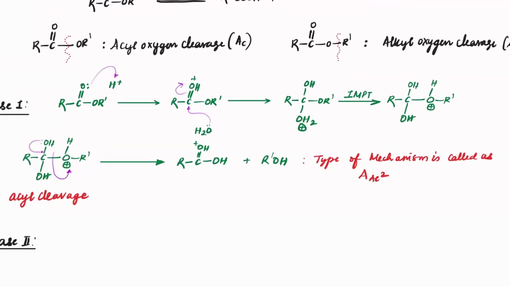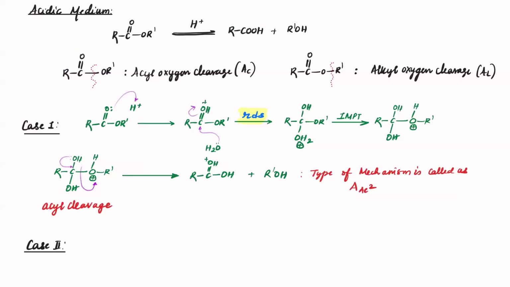The rate determining step is always the addition of the nucleophile. So during the rate determining step, how many molecules were involved? Two molecules were involved. One is this one, the other one is this one. That's why it is AC twice. And since there is an acyl cleavage, we use the word AC, and it is happening in an acidic medium, so you call it A. So AAC2. That is the type of mechanism. Clear?